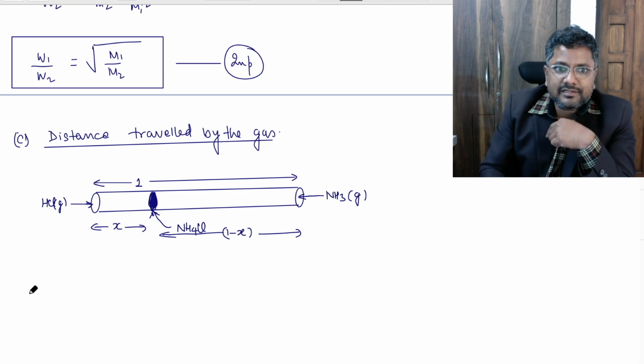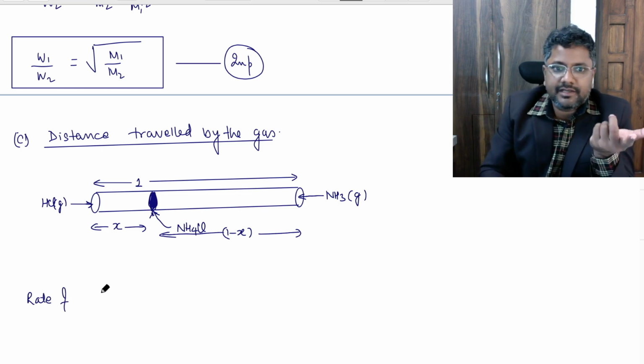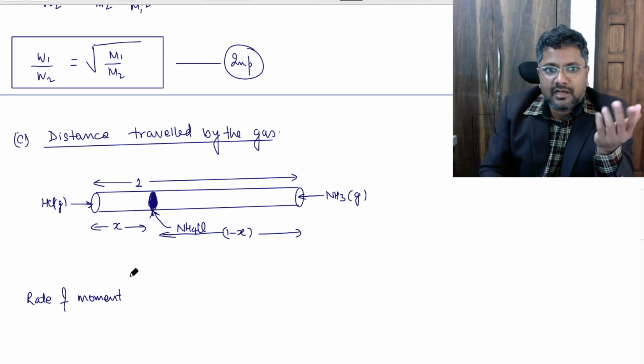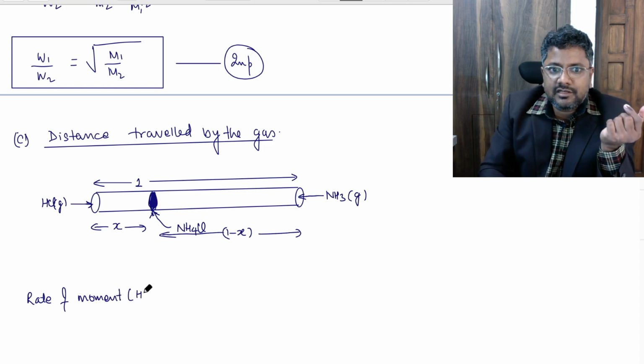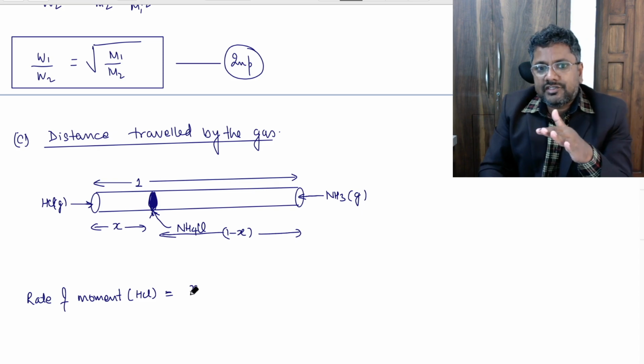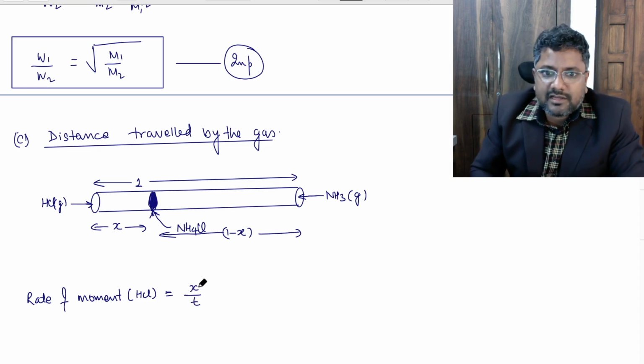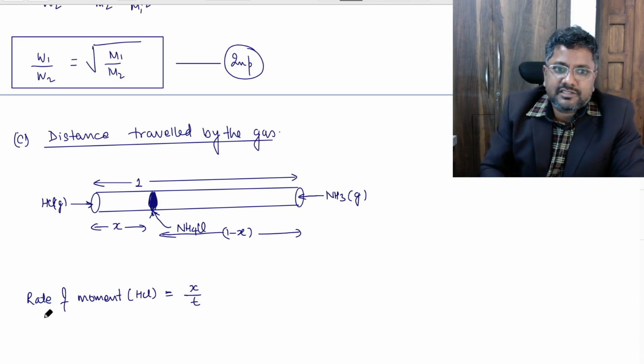See, the rate of motion, or rate of movement, of HCl is equal to the distance traveled by HCl divided by time, x by t, where x is the distance traveled by the HCl.